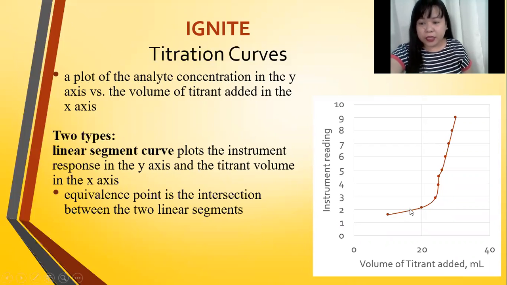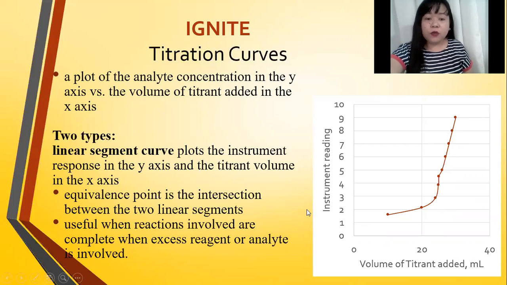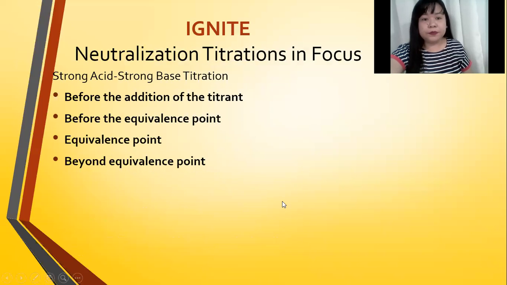That would be this linear segment and this linear segment. So the intersection would fall somewhere here where the two linear segments intersect. It is useful when the reactions involved are complete and when an excess reagent is added into the system.